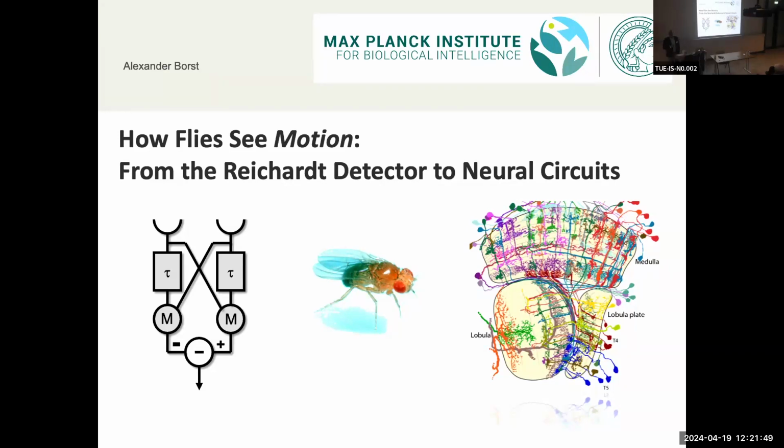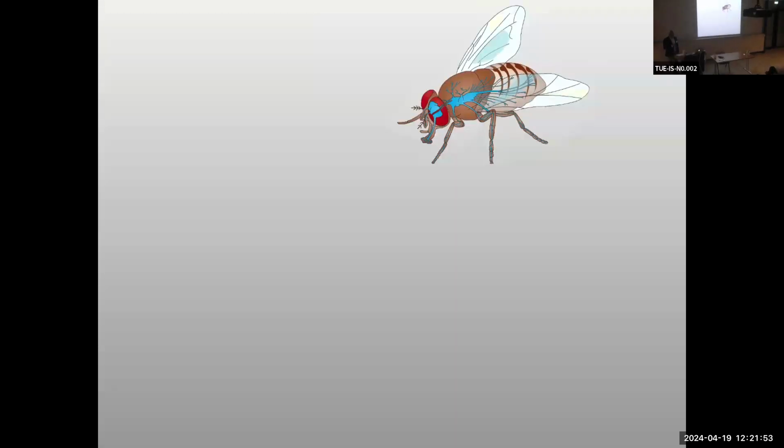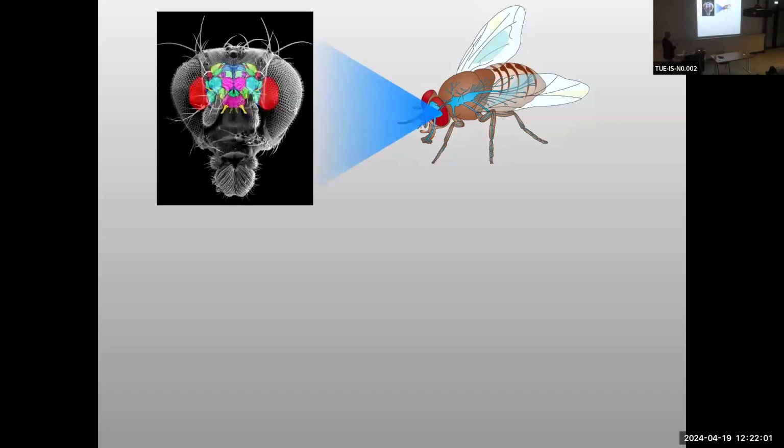Let me start by introducing the fly visual system to you in a bit more detail. Here you see a fly with its nervous system in blue. If we zoom into the head ganglion, the brain of the fly, you see that large parts of the neuropil are taken up by the two red structures, which are the optic lobes.